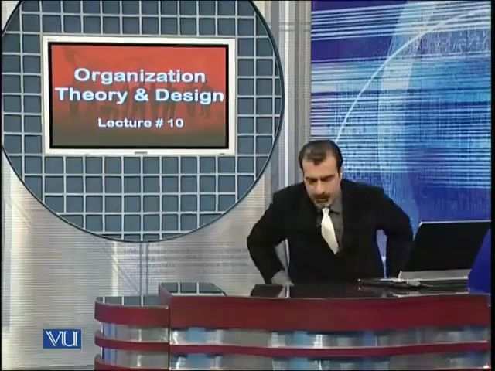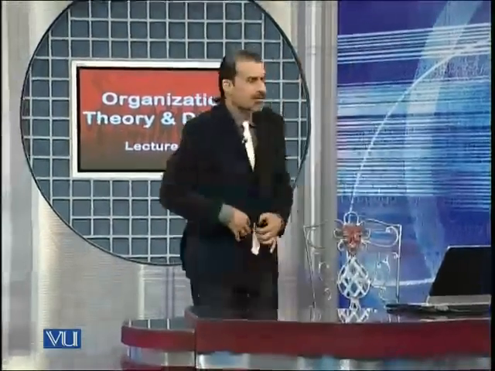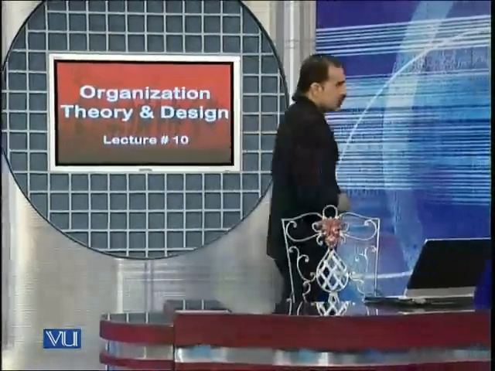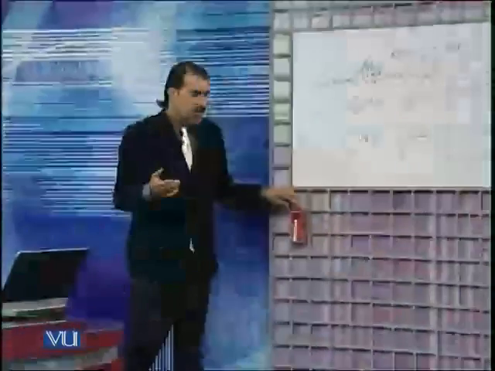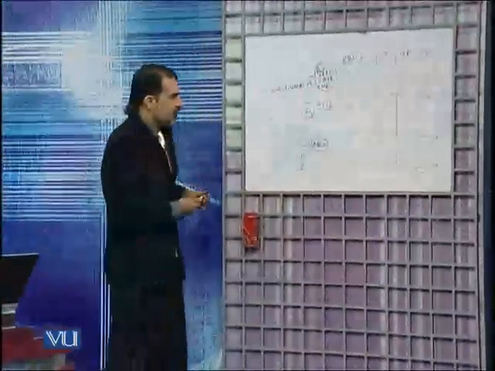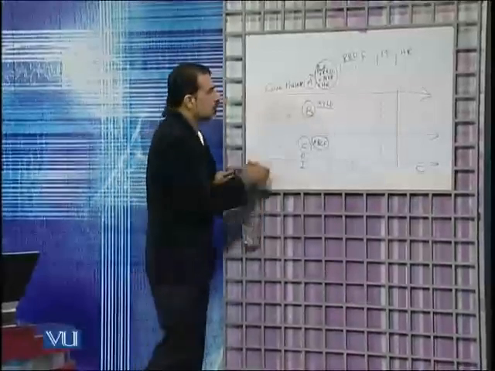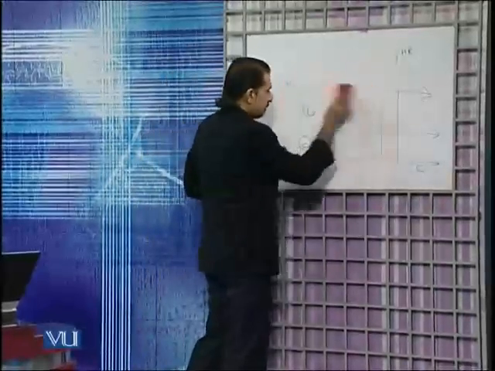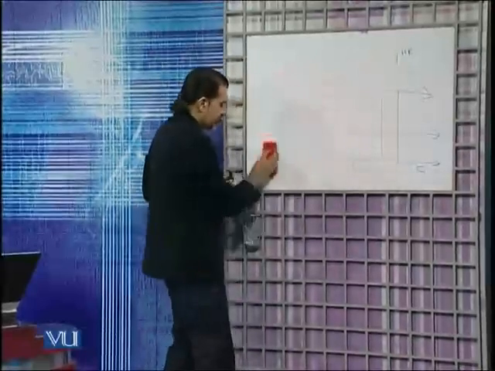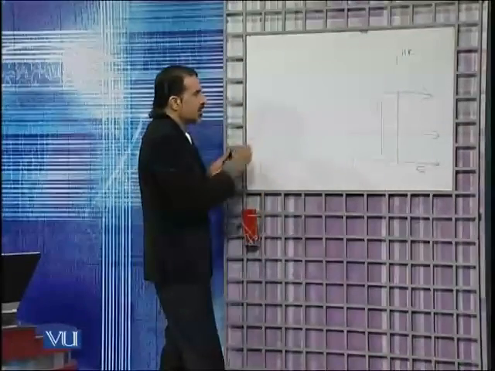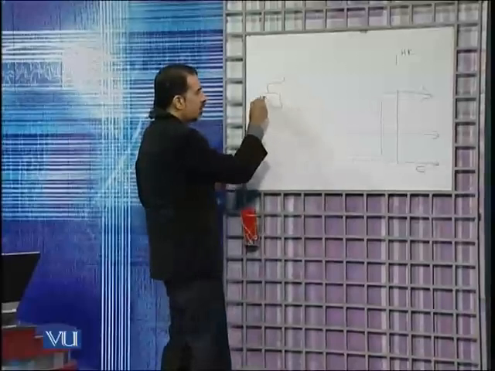Now, normally what happens is that if we are talking about a functional organization, then the example which I gave you, like purchasing department's activities, if we quickly try to compare what we have just said, in a functional organization, the focus is here on function.